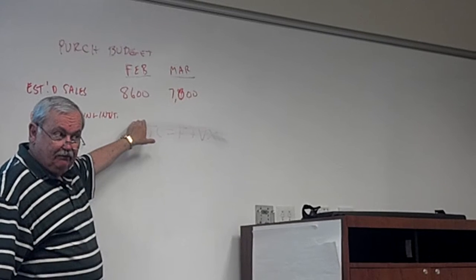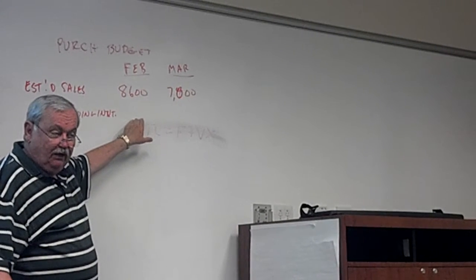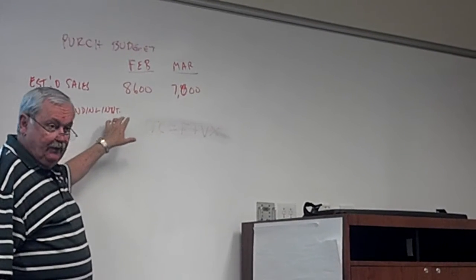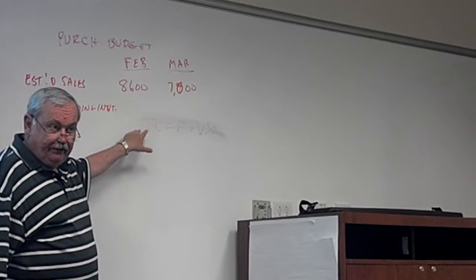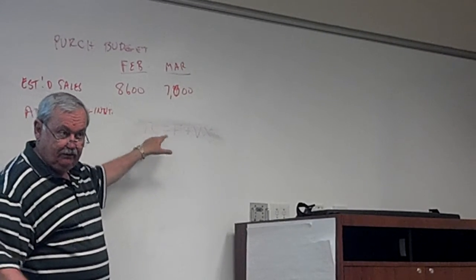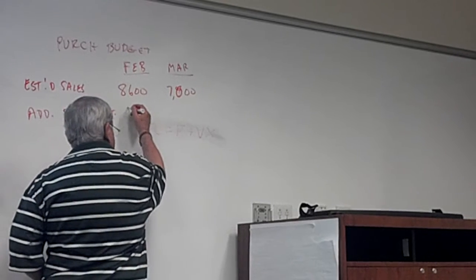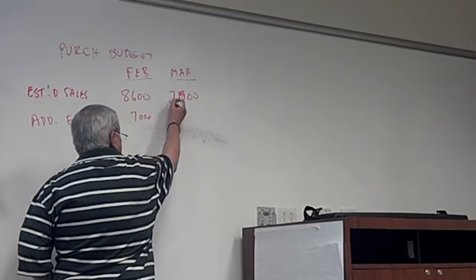Okay? The problem says that we want the inventory purchased, ready to go on the first day of the next month. So that's 7,000. We got that from there.